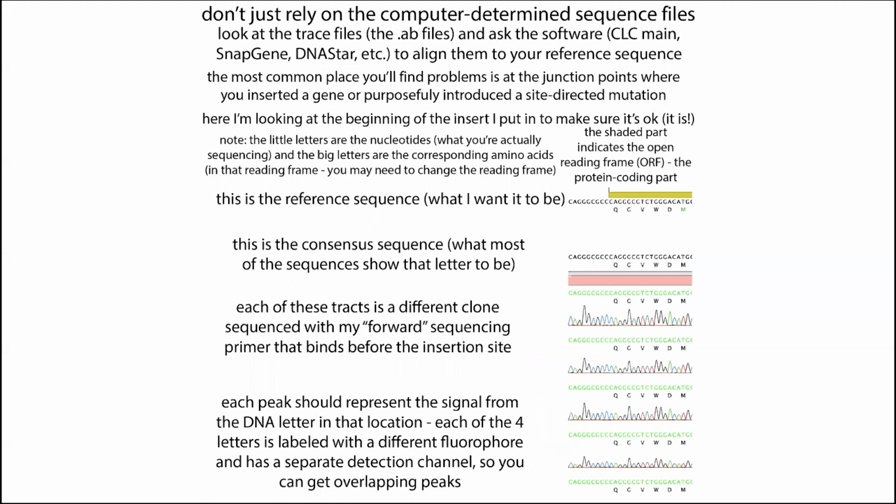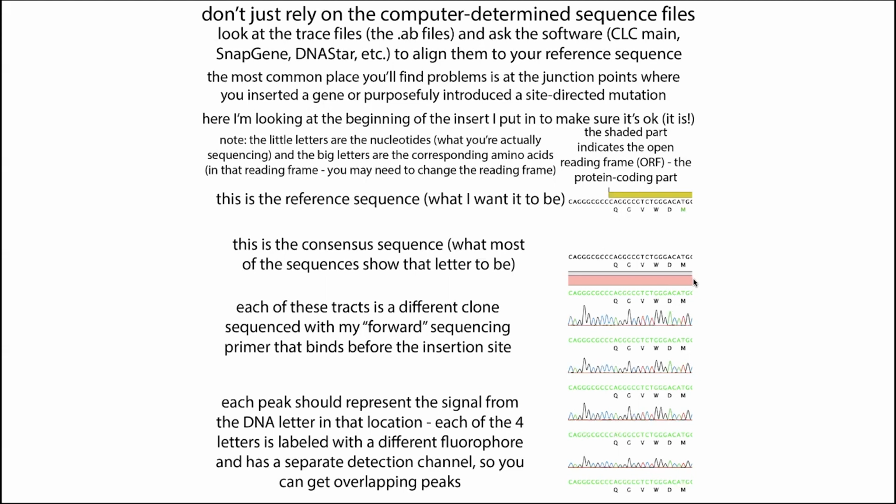In that software, you're also able to align them to your reference sequence, what you think the sequence should be. The trace you see here is a chromatogram showing the different DNA letters, the fluorescent traces from the dye molecules on those different dideoxynucleotides.